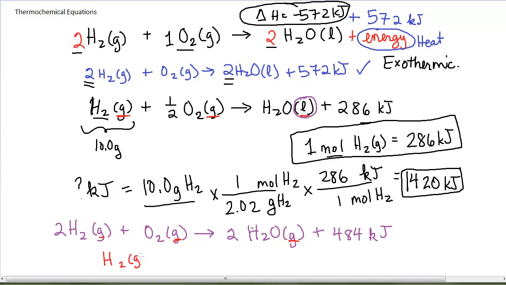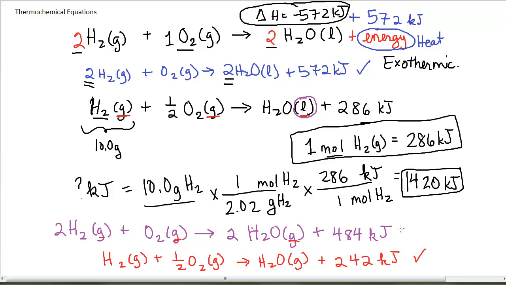And just to kind of complete this, if I balance this reaction this bottom way, I would see that it's only releasing 242 kilojoules, because again, this number written as part of the reaction is related to the mole-to-mole relationship between everything else.